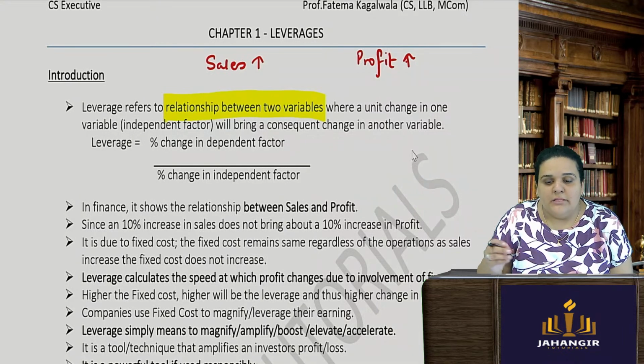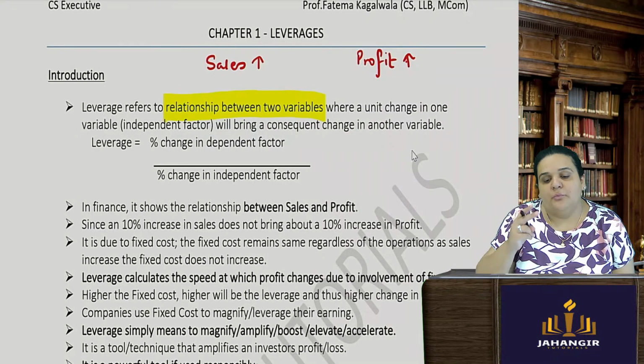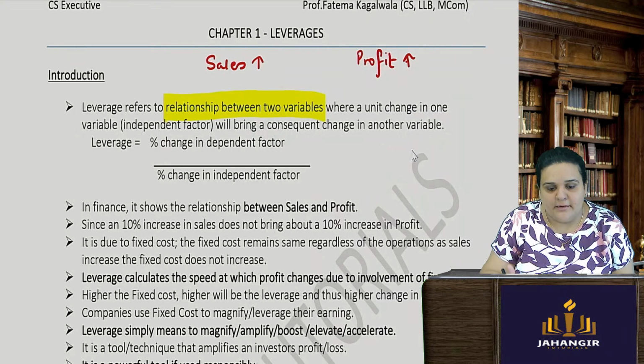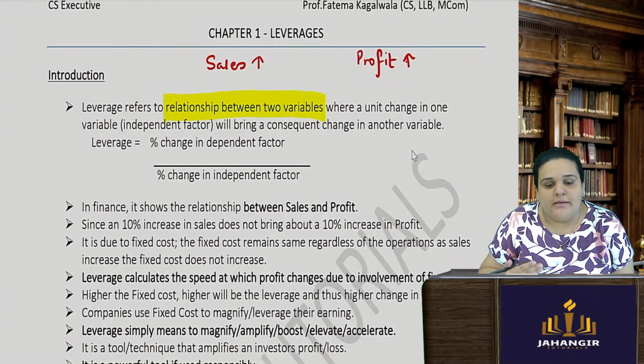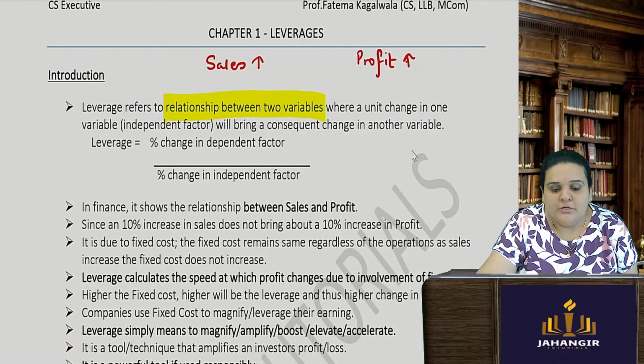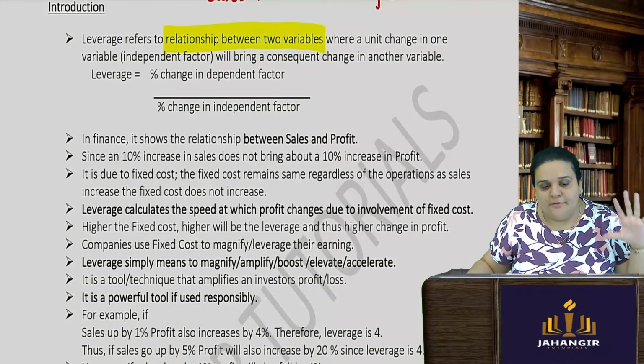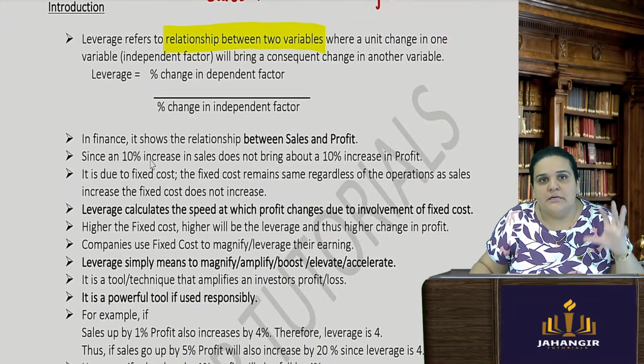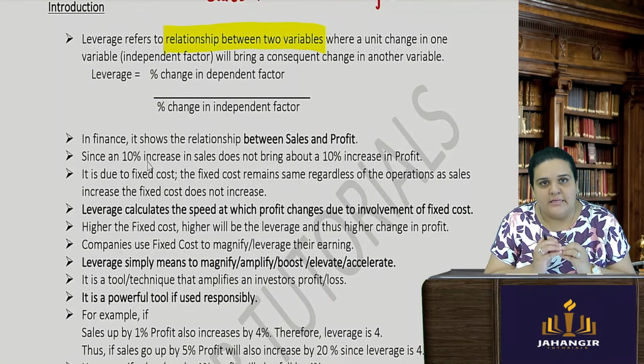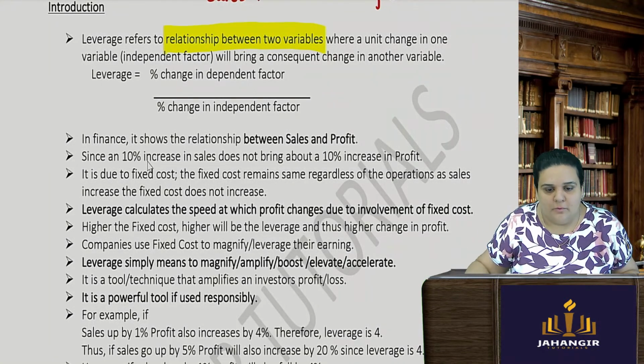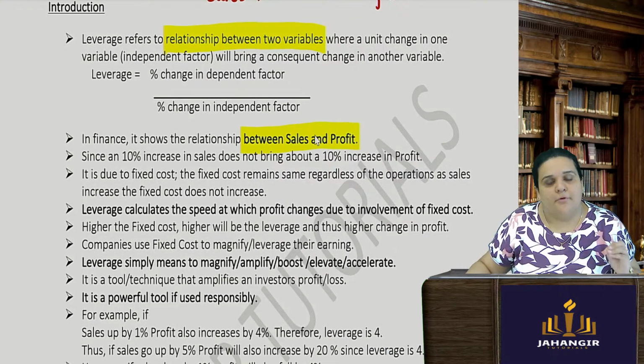There are two variables over here, one is a dependent factor and one is the independent factor. From the finance point of view, it shows a relationship between sales and profit.